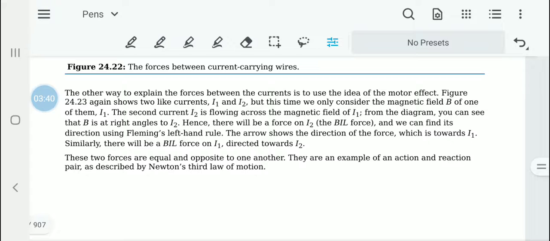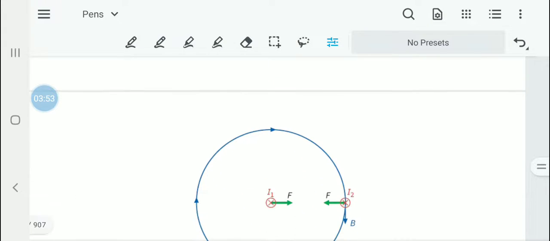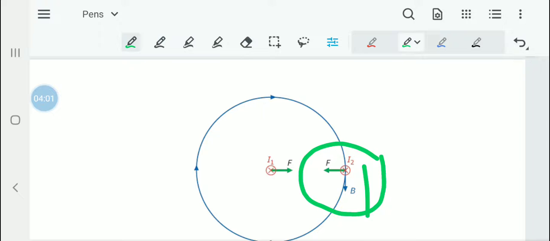The second current is going to flow across the magnetic field of I1. So then you can see that the magnetic field B is at right angle to I2, right?